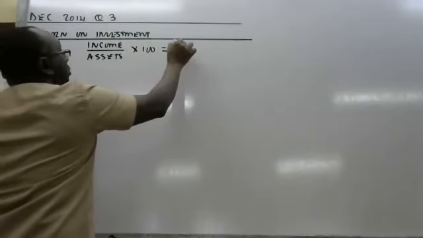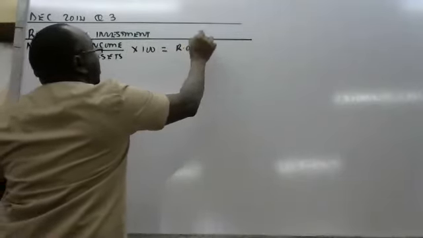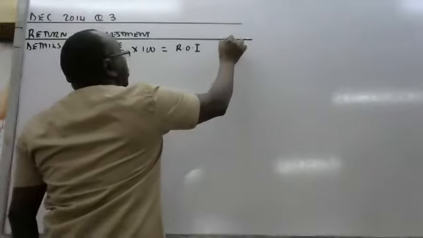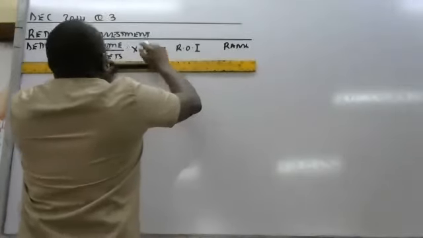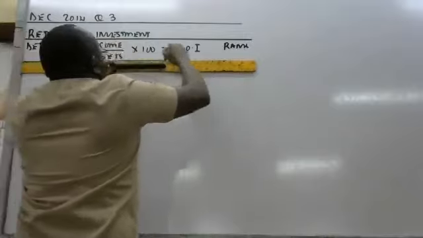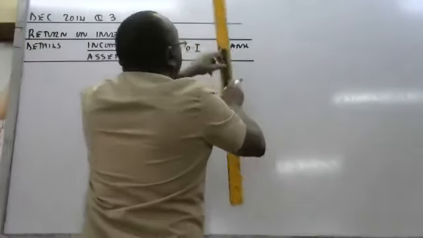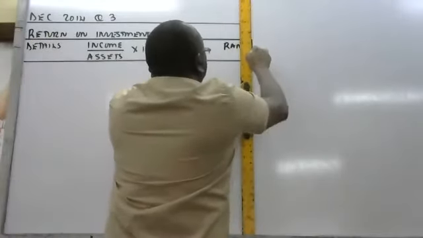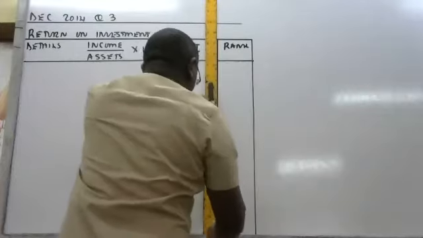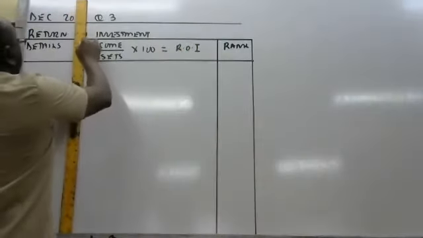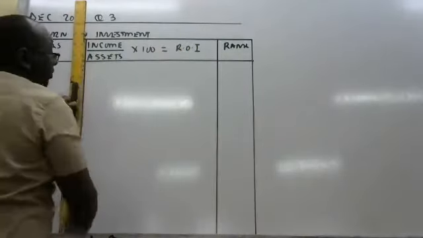And that gives you return on investment. And then we are told to rank. So we are going to prepare a rank. We're going to see which one is more profitable than the others.